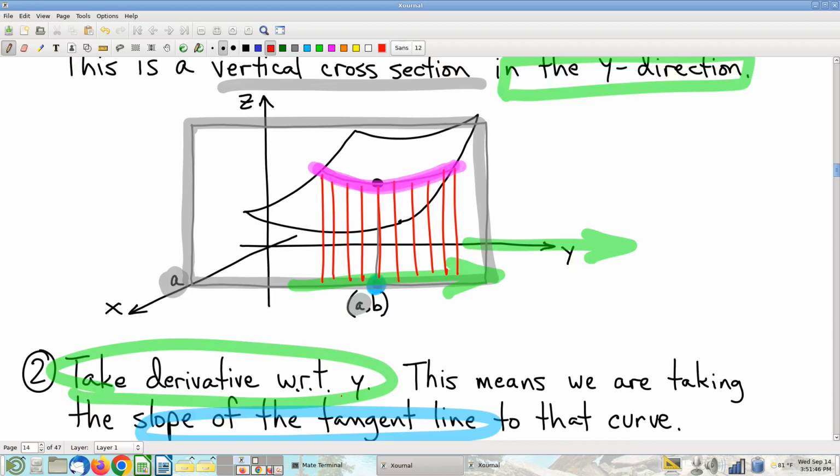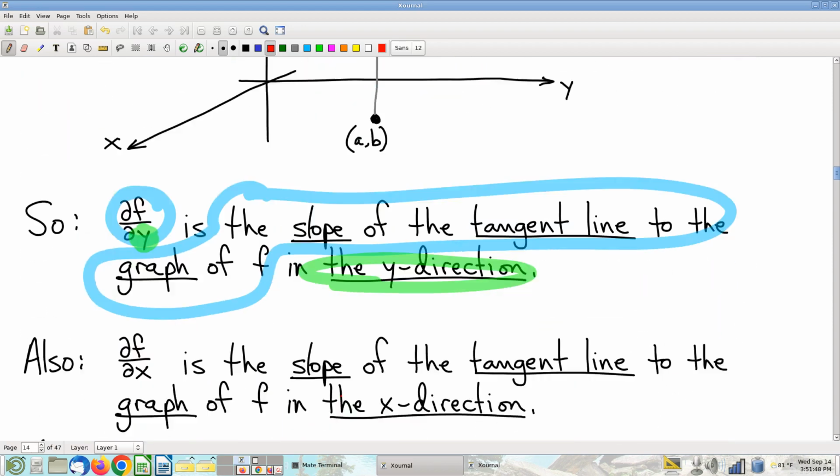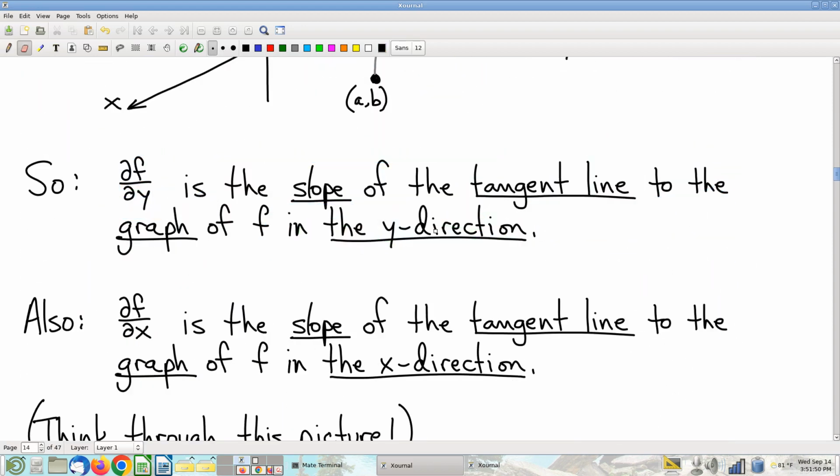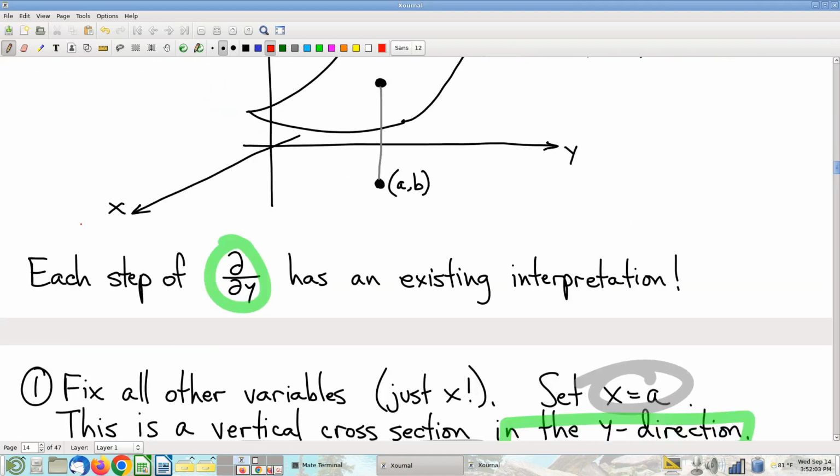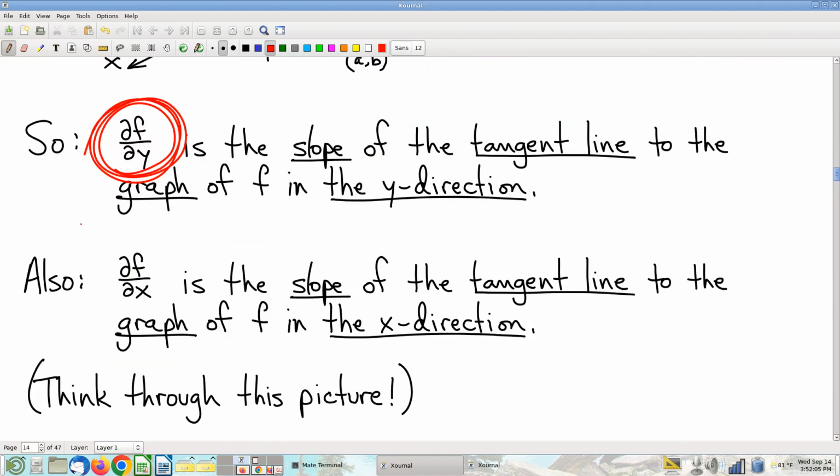Okay. So here's what I'm going to do. I'm going to leave as an exercise for y'all to take what we did to analyze the y partial, and ask you to reason by analogy, go through this whole process, adapt as necessary to answer for yourselves what it would look like to take the partial with respect to x.